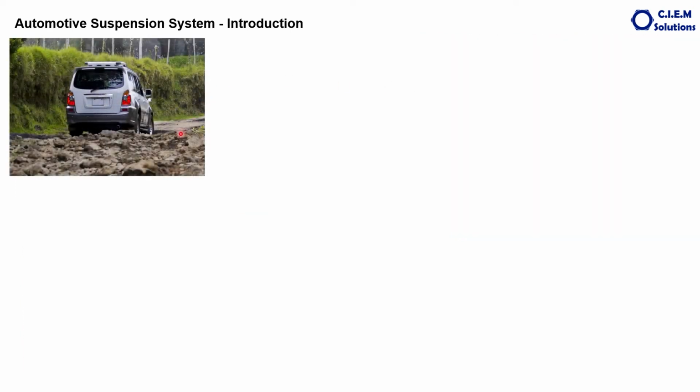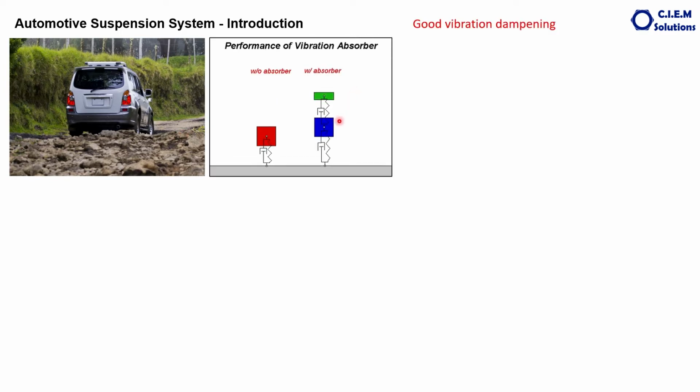As discussed, such kinds of roads cannot be avoided. And what the suspension system really does in a vehicle is absorb a lot of vibrations through the dampening process. This figure indicates without any absorbing of the vibrations or shocks. This is with absorbing the shocks or vibrations generated through the undulations of the road. Observe this. Imagine this red box is the vehicle.